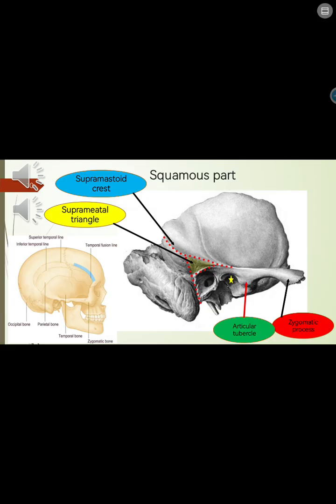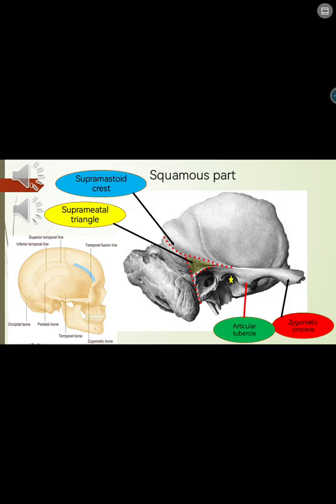Mandibular fossa is limited in front by the articular tubercle or articular eminence that is a part of zygomatic process or inferior surface of zygomatic process. It presents an anterior articular area, I mean mandibular fossa, and a posterior non-articular area.